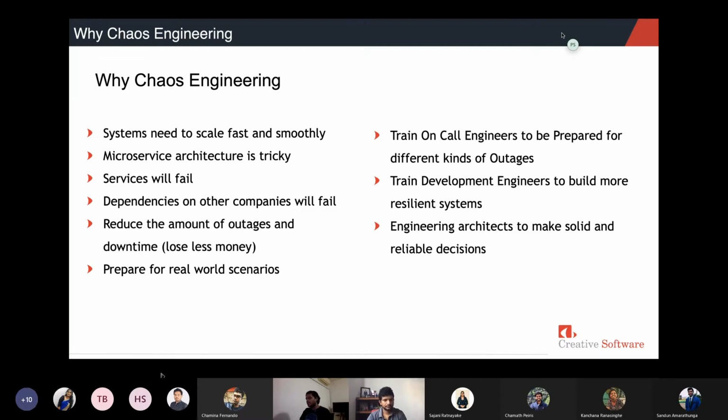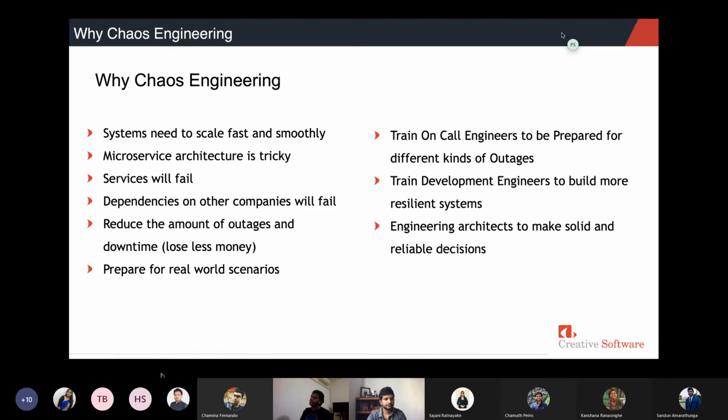By reducing the amount of outages and downtime, you will eventually save more money, and the practice will prepare your engineers for real world scenarios that can occur in your production system.